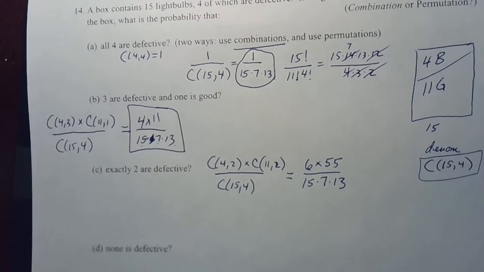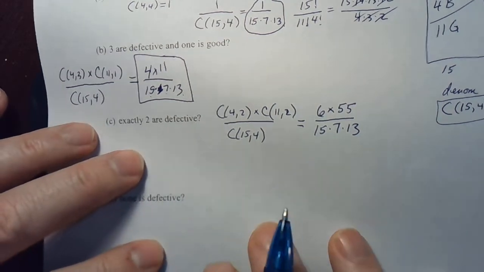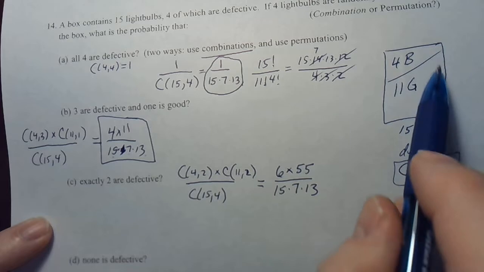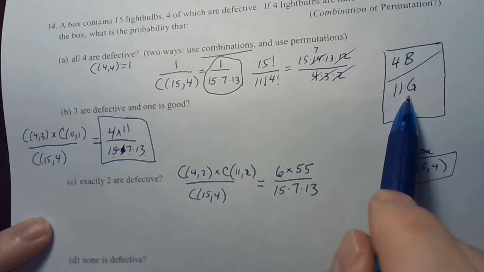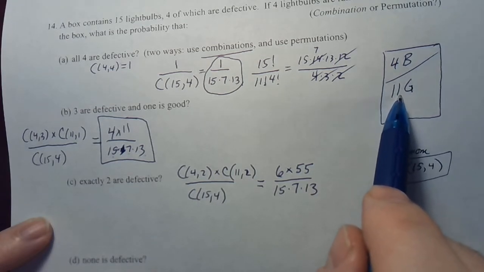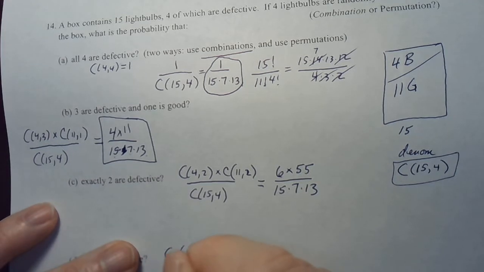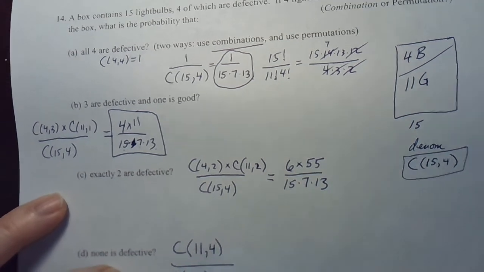Last one looks straightforward as well. None is defective. That means they're all good. So you're choosing 4 from this box, and they're all from this group. How many ways can you choose 4 from this subgroup right here? 11 choose 4. So we're going to have 11 choose 4 on top, and 15 choose 4 on the bottom.